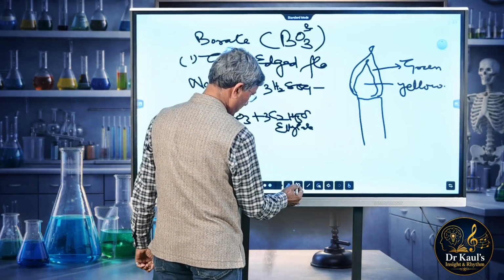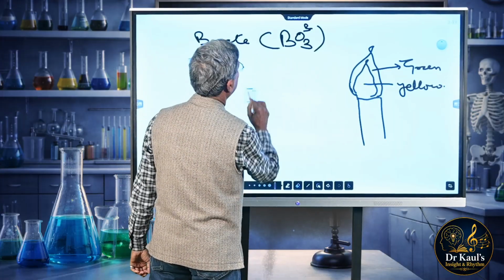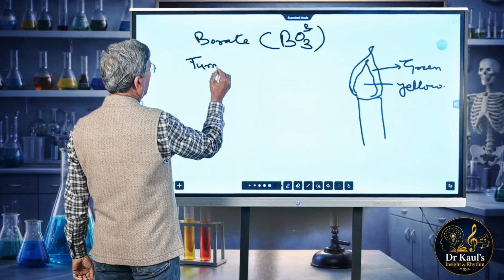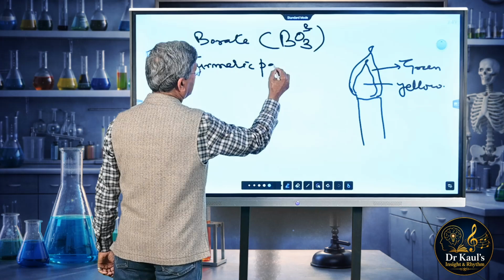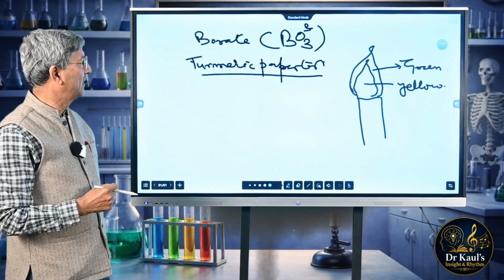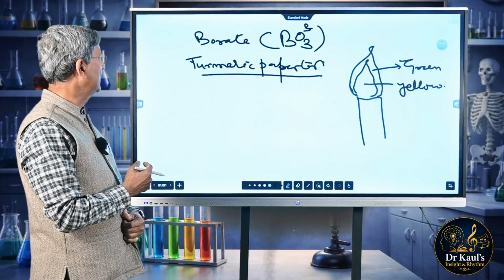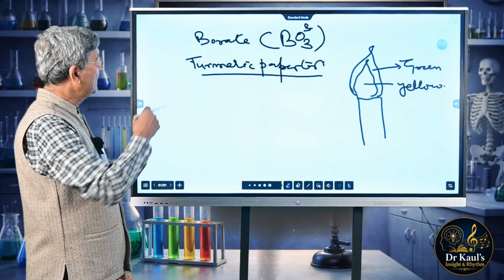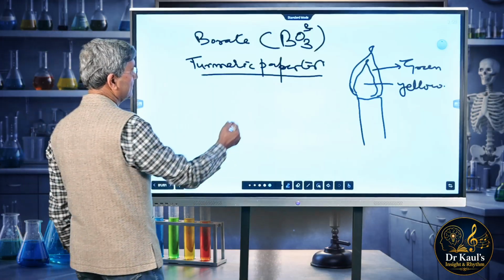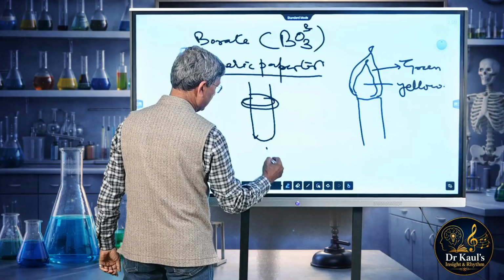And there is another test also, that is the turmeric paper test. All of you know what turmeric is. In this case, the salt solution is prepared in dilute HCl, and we dip a turmeric paper into it, then the paper is taken out and wrapped around a test tube, and this test tube is heated.